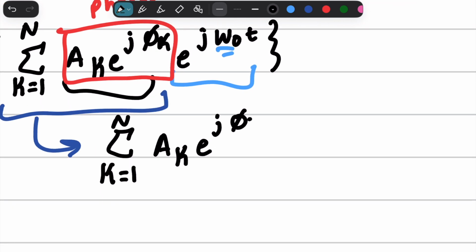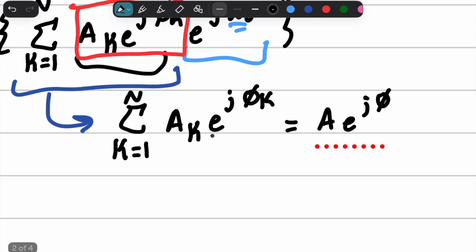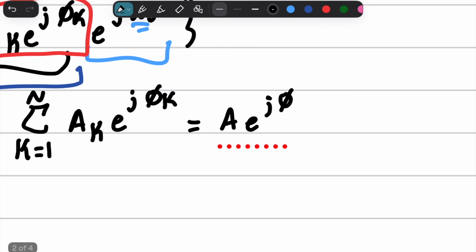All of this condenses down to just a e to the j phi, where you can superimpose these. You can turn them into Cartesian coordinates using Euler's identity, add them up, and then turn them back into this arbitrary a and this arbitrary phi.